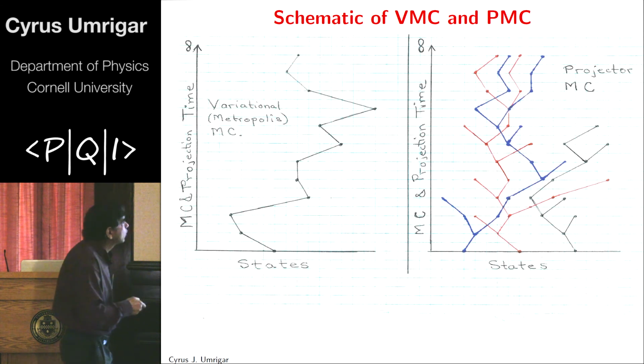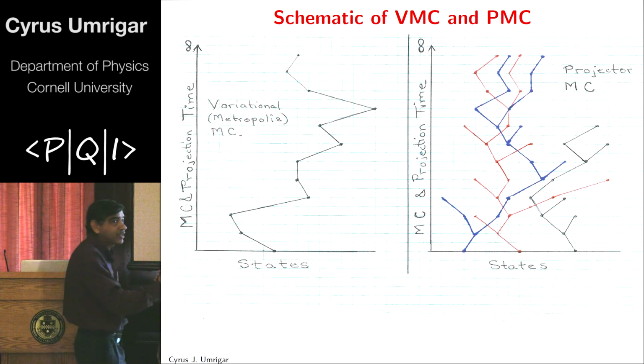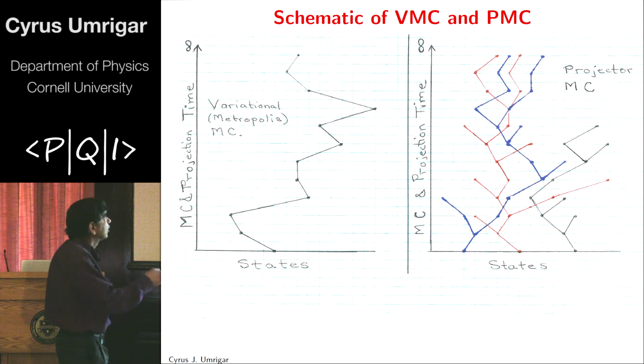Okay, so this is what I was talking about before. In variational Monte Carlo, since there are no weights involved, or if you like, the walkers always have unit weight, you can do a single Monte Carlo walk. When you do Projector Monte Carlo, you have a population of walkers, and they either die or they branch.